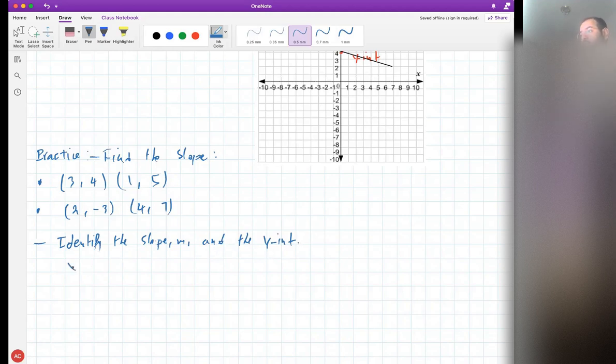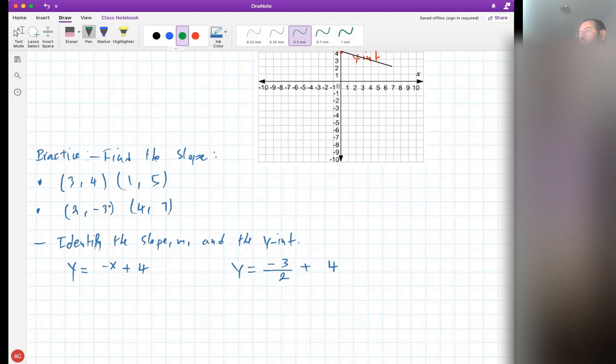So I'll give you 2 equations here. So -x plus 4, and the other one would be -2 plus, let's say, 4.